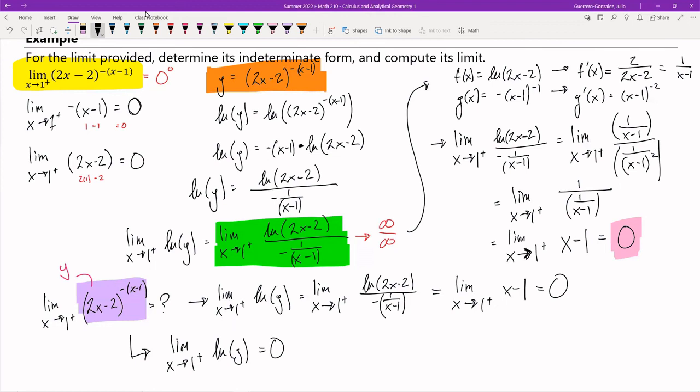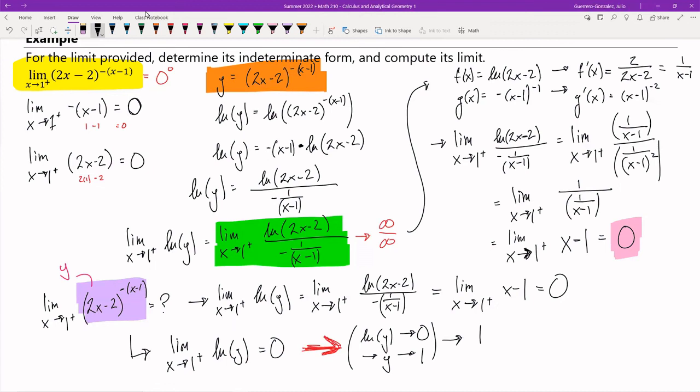So then therefore, here's the big therefore. This has got the big red arrow. Therefore, using all of this, I'm going to write it over here. If the ln of the inputs is approaching 0, then that means my y values must be approaching 1.